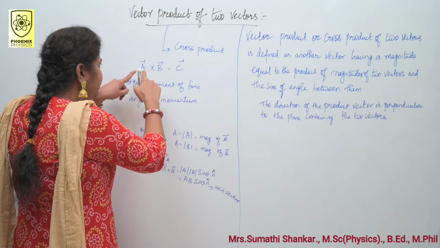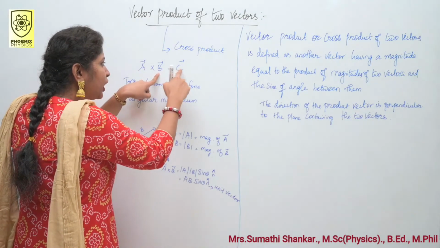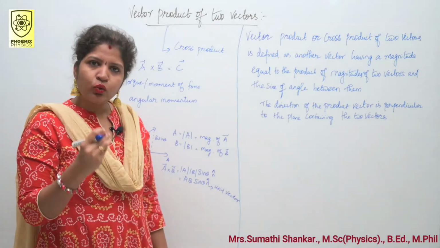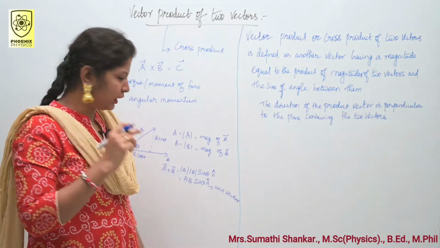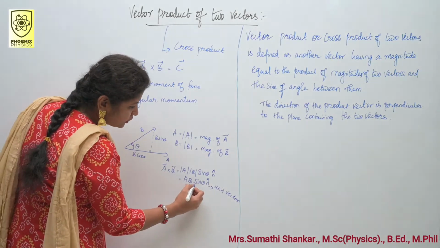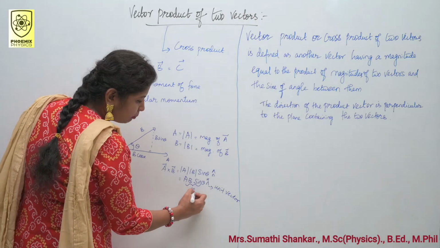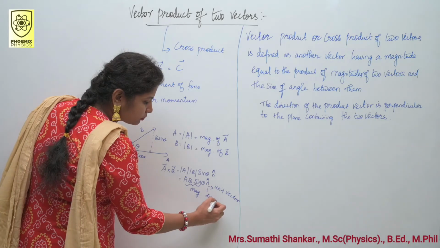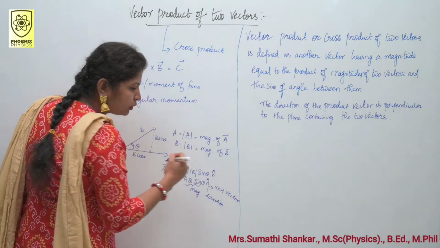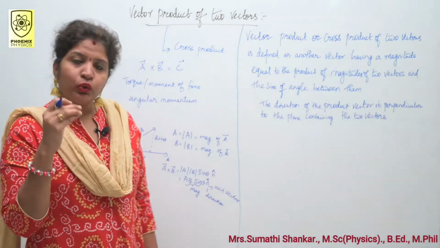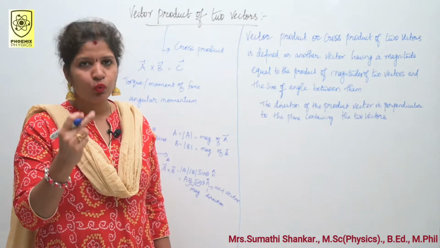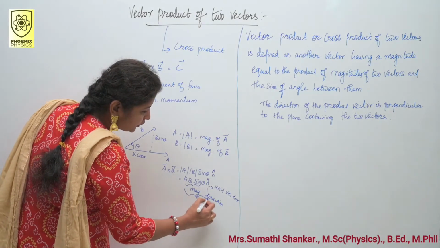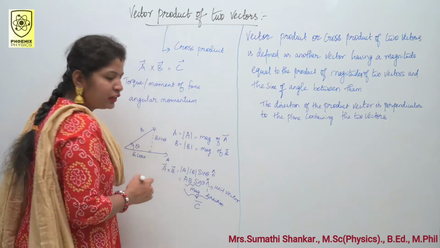You know that A cross B gives another vector, that is C vector. A vector quantity has magnitude and direction. So AB sin theta will give the magnitude and this n cap will give the direction. What is this n cap? Unit vector. You know that a unit vector has magnitude 1. Up to this clear? So the total term AB sin theta n cap is nothing but our C vector.